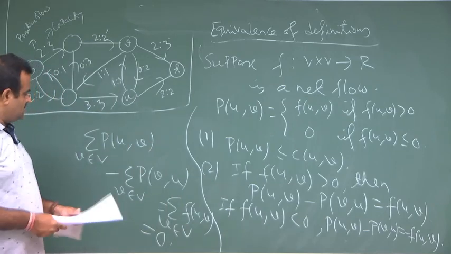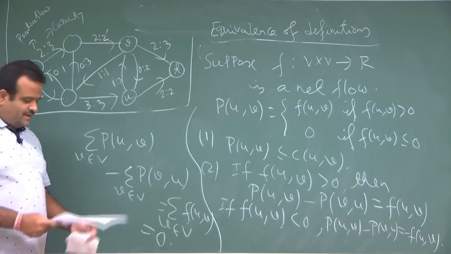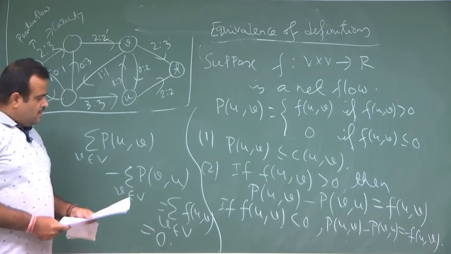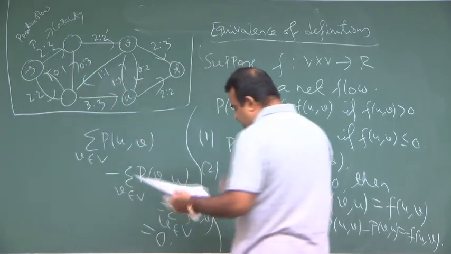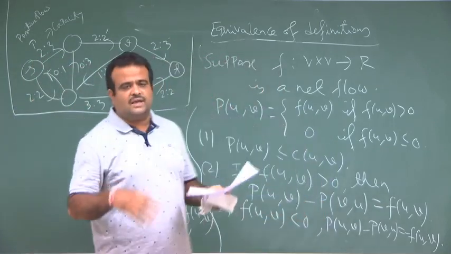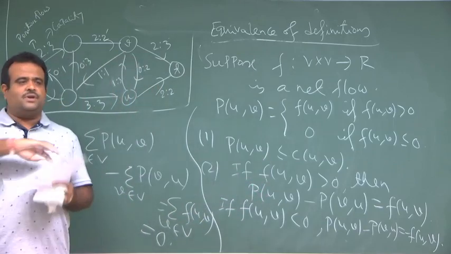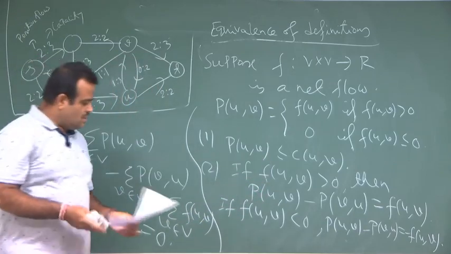This comes from the definition of net flow. So, these two definitions are basically equivalent. Given a positive flow, we can have a net flow, and given a net flow, you can always think of a positive flow.